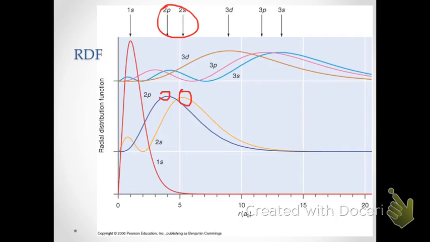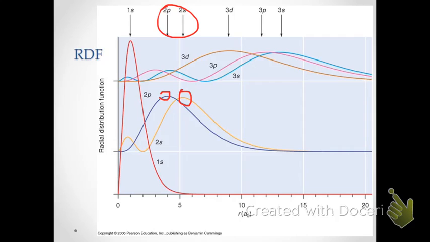The maximum for the 2s orbital is here. You'll notice the maximum for the 2s orbital is actually farther from the nucleus than the 2p orbital, which again may seem counterintuitive based on what you had learned in general chemistry about the relative energies of the 2s and the 2p orbital. And again, we'll be talking about that in more detail in a future video.